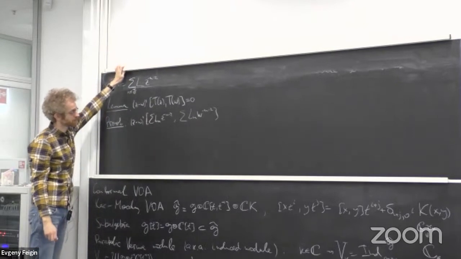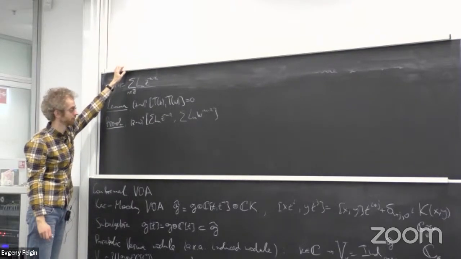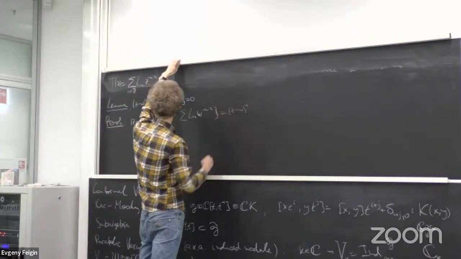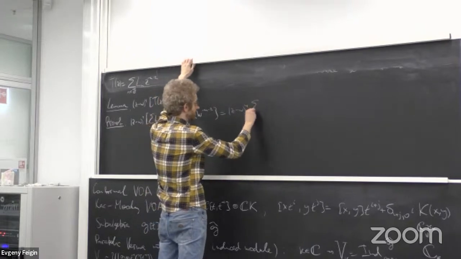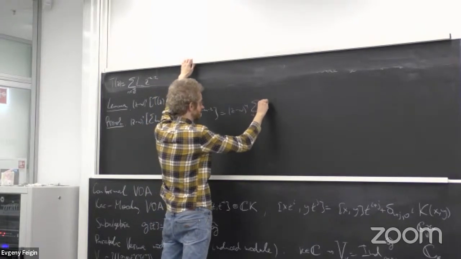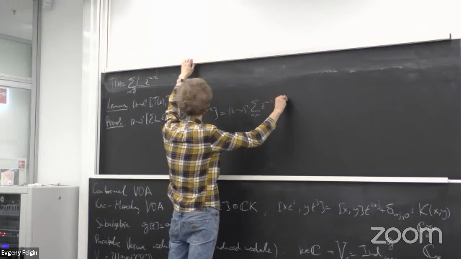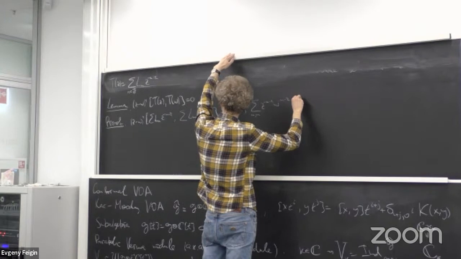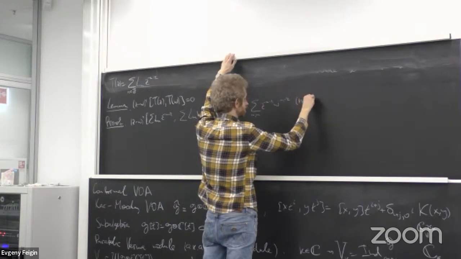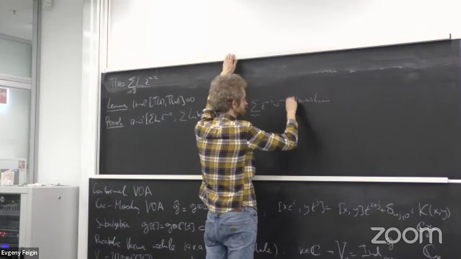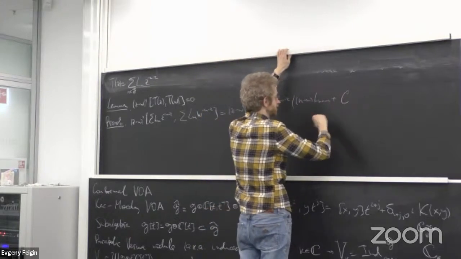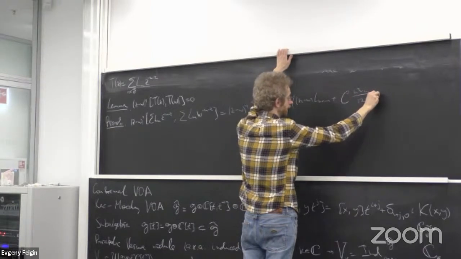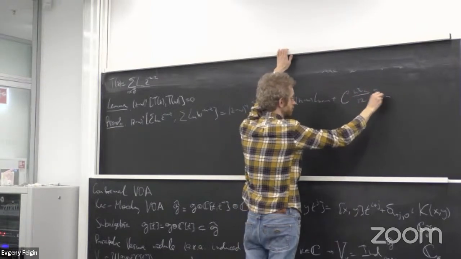And then we know what is the commutator of L_n and L_m, multiplied by (z-w)^4. Here we have the sum over n and m of z^(-n-2) w^(-m-2), times (n-m) L_(n+m), plus this central element (n^3 - n)/12 delta_(n,-m).